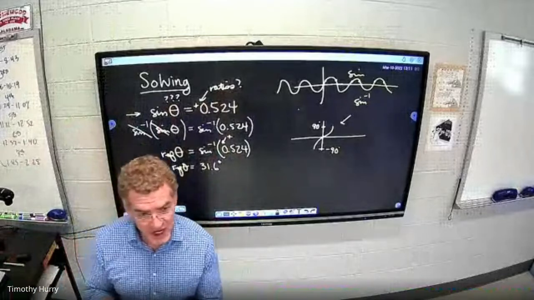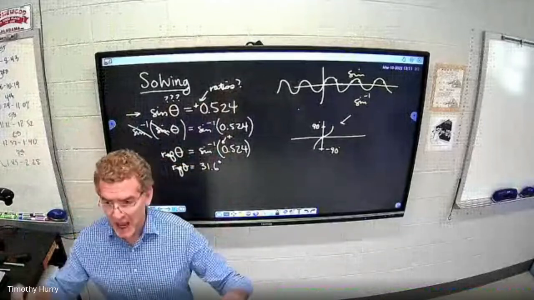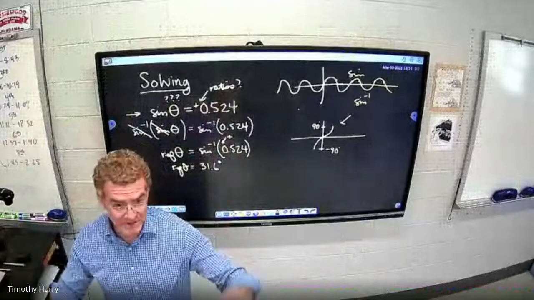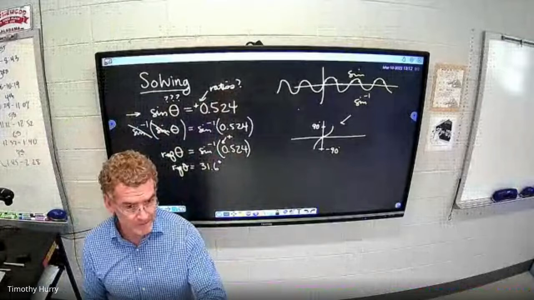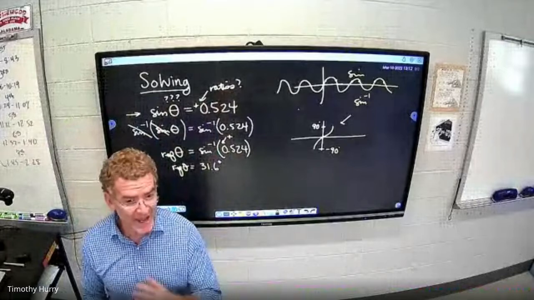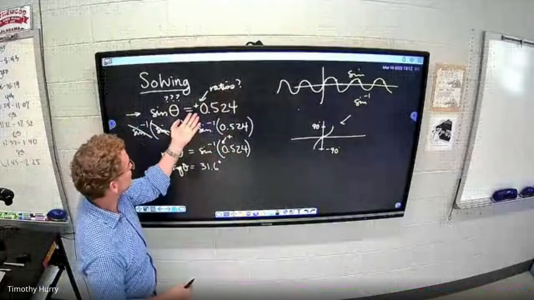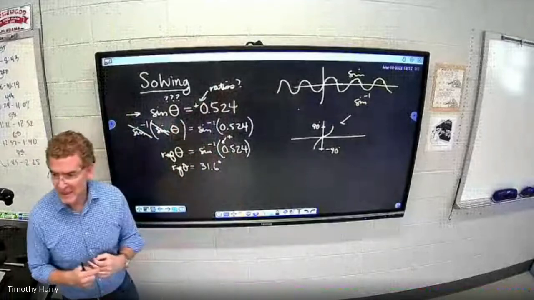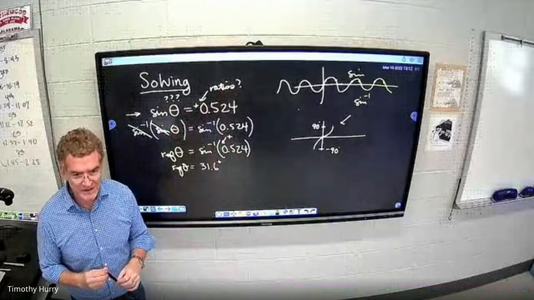But your adjacent sometimes is negative, sometimes positive. And your height, that's sometimes positive or negative. If sine is always y over r, and the r is always positive, that would mean that if this is positive, it would have to be in which two quadrants? First and second. Do y'all see that?